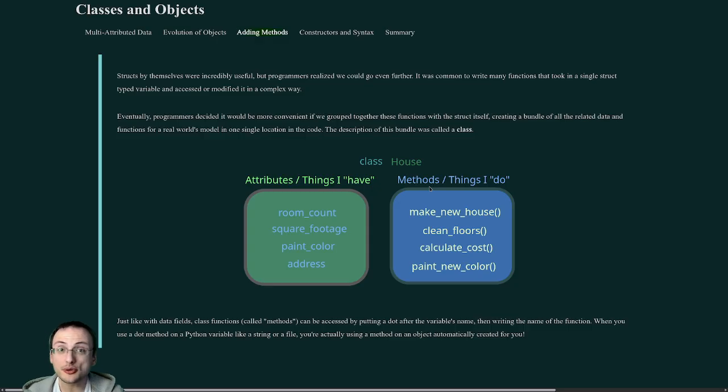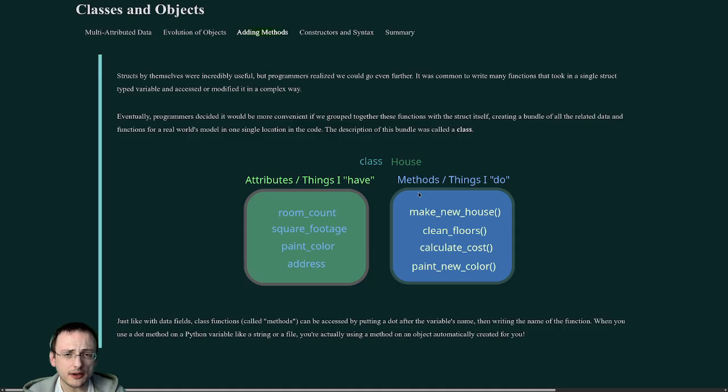And this is also true of files and a lot of these other basic types where instead of passing the data into a function, after the variable we've created, we put a dot and then put the name of a function. Anytime you see that pattern, we're actually talking about a class method.